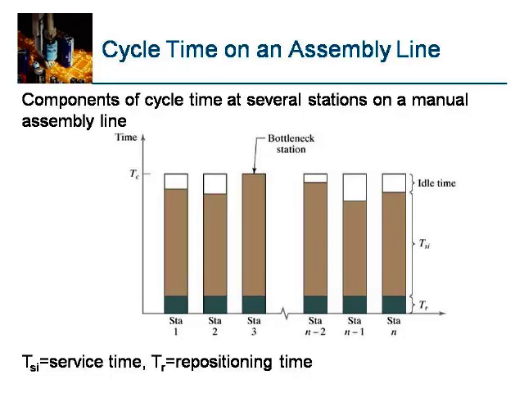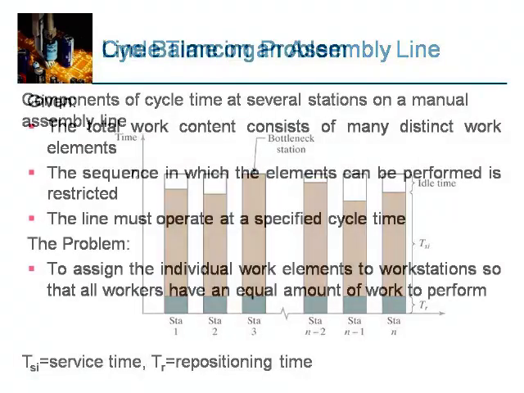This idle time can be used for repositioning purposes. And in this workstation, there is no idle time, and this is going to be the bottleneck station, where the time is very tight, and prior to that a lot of slack time is there. The work parts get blocked here, and the workstations after this will be starved.